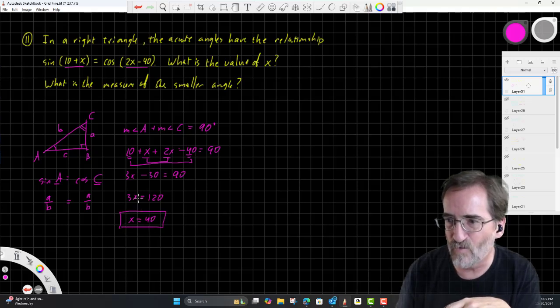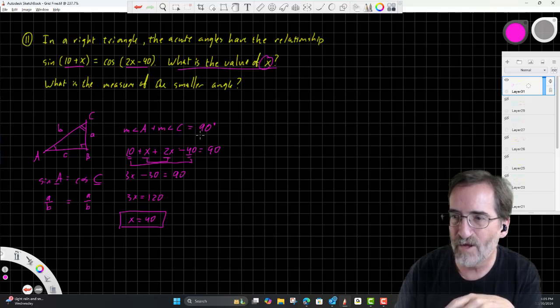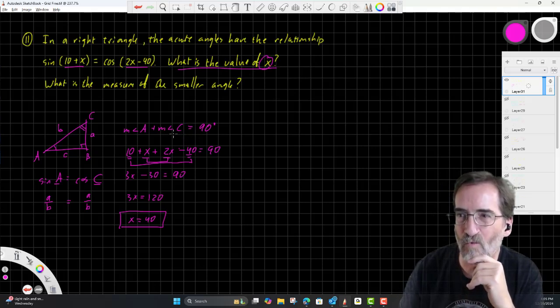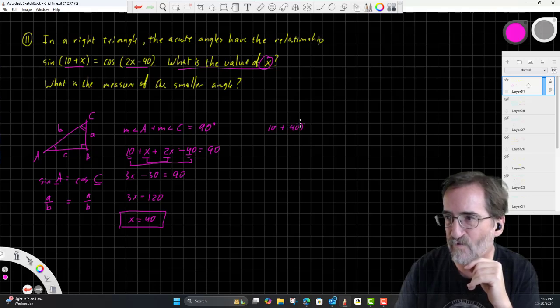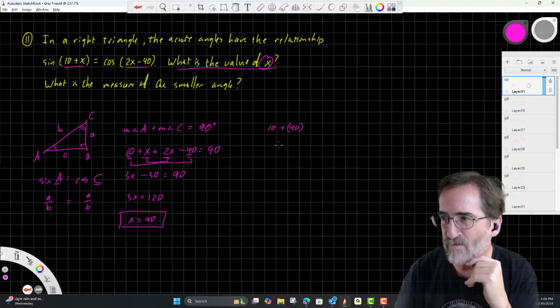So there's the answer to one of the questions. What is the value of x? x is 40. What is the measure of the smaller angles? Now we've got to substitute this back in. 10 plus x, or 40, is the measure of one of those. That would be 10 plus 40 is 50 degrees.